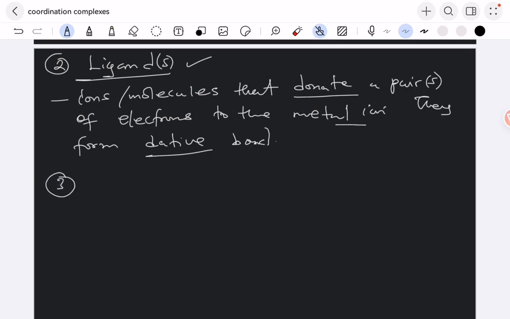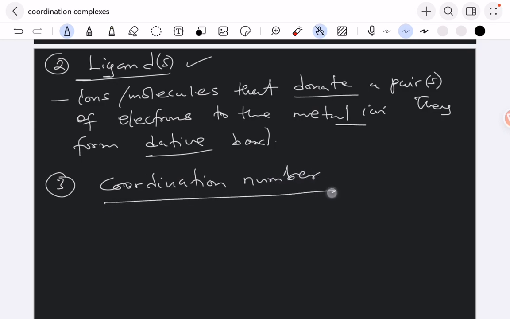3, I would like us to understand the term coordination number. What do they mean when they say coordination number?